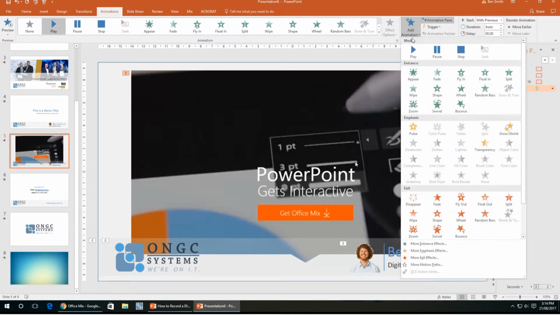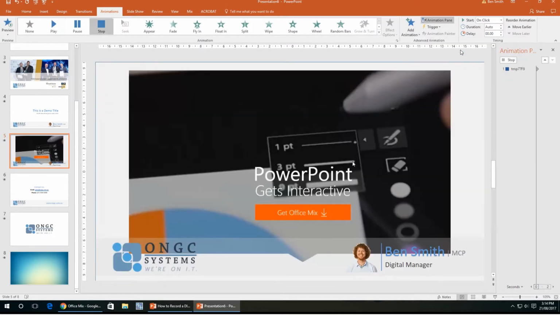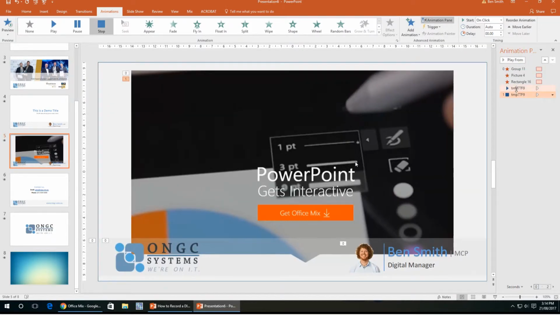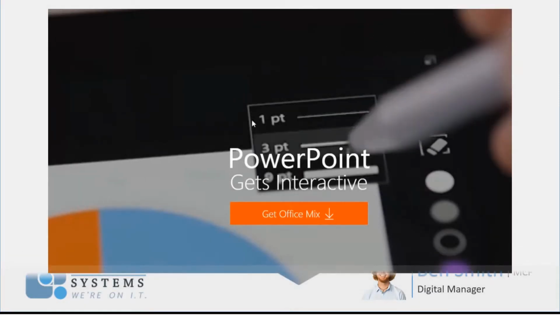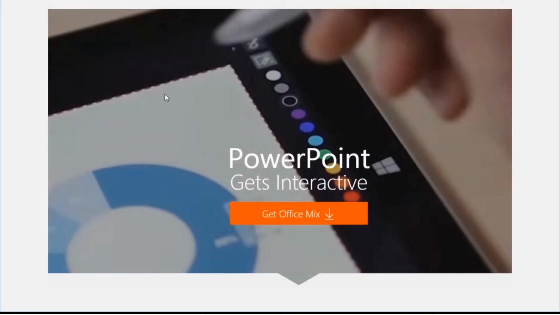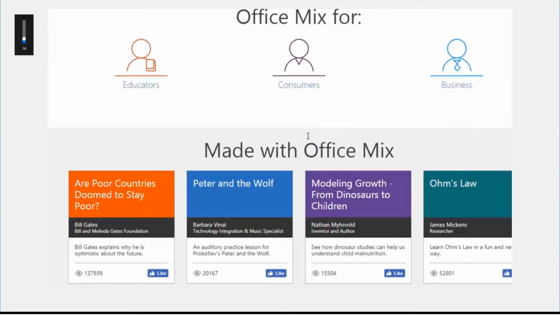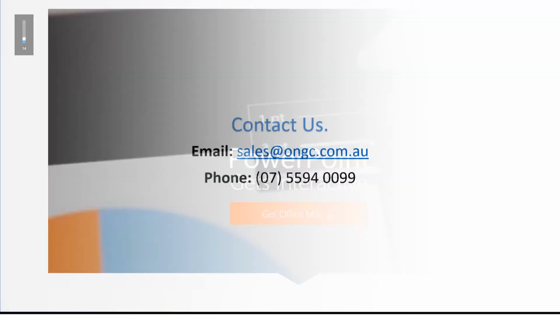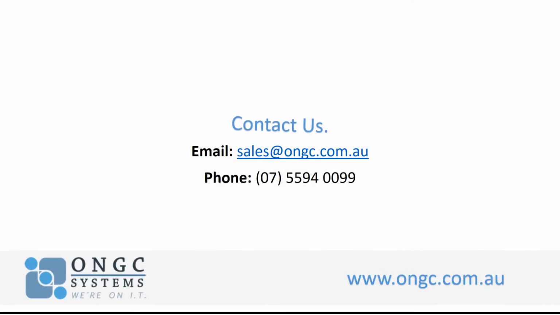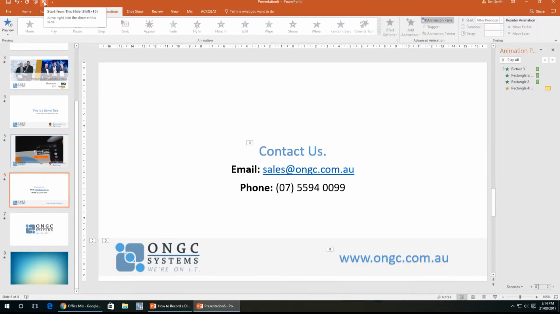So we need to add an animation, and this time it's going to be stop. And this will be after the play animation. So instead of it being on click, you want after previous. So if we preview the slide, you'll see the fade out of the title, and then it'll play the video, and you can see it stop and automatically go into the next slide.